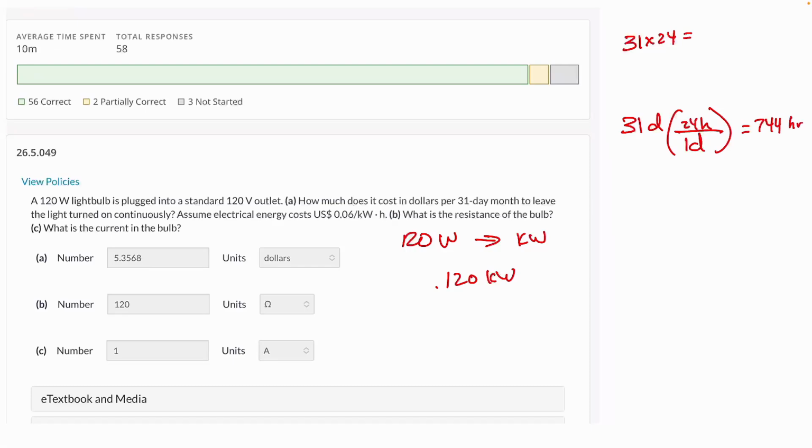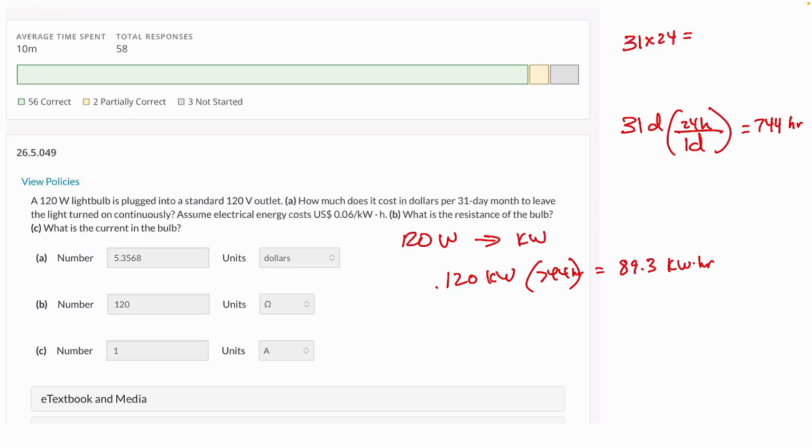Okay, so there's the number of hours. How do I find kilowatt hours? Don't divide. A kilowatt hour is not a kilowatt per hour, it's a kilowatt times an hour, right? So I multiply by 744 hours. And what's that? 89.3 kilowatt hours.